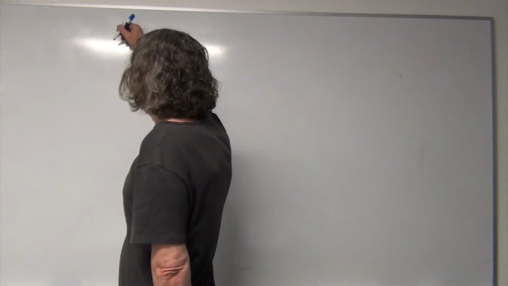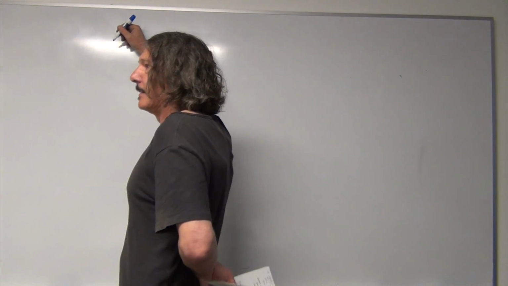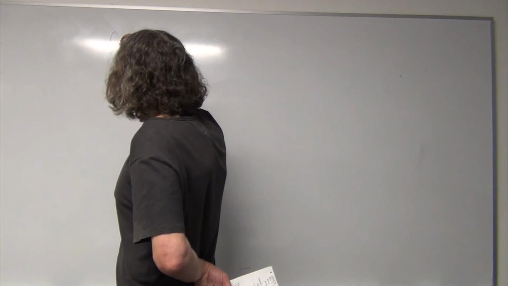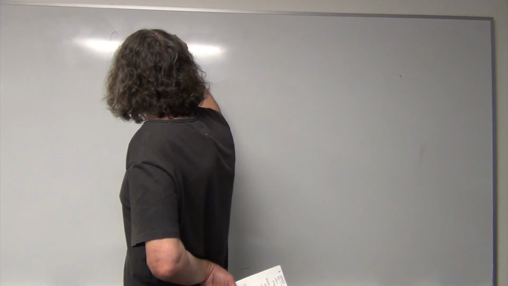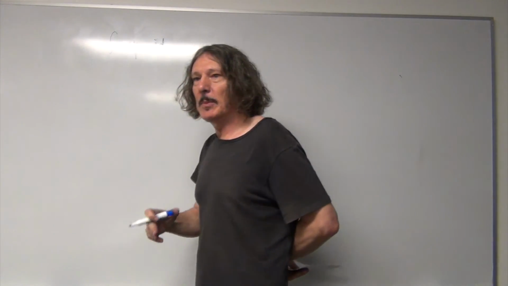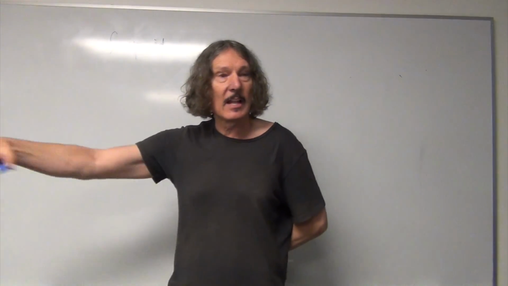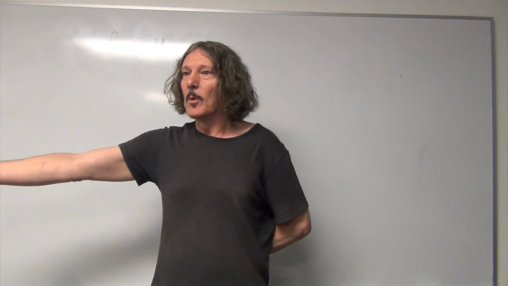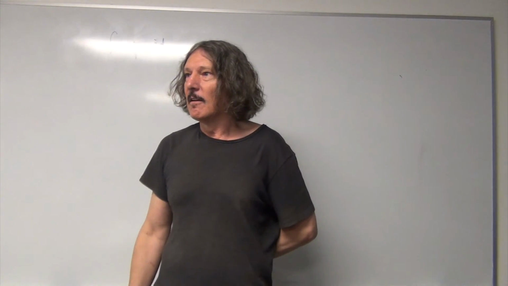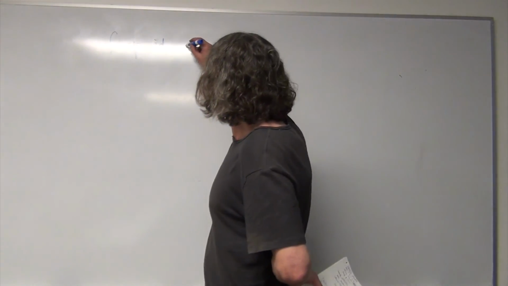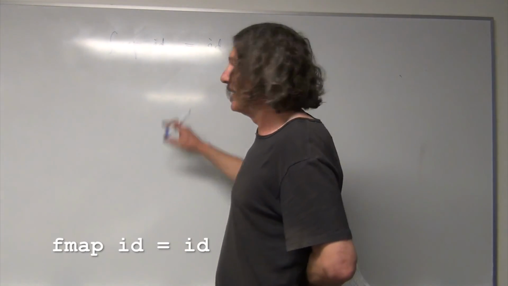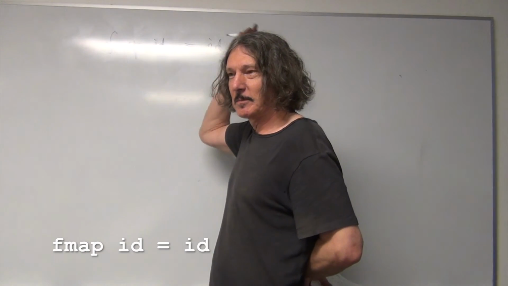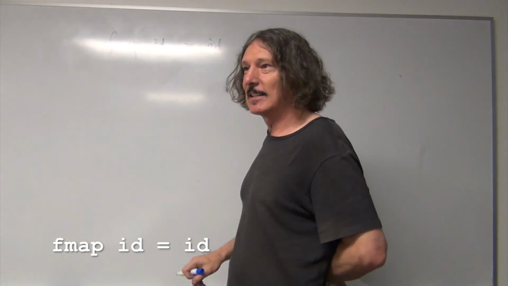One axiom of a functor is identity. Fmap, if you put an identity function here, you apply the identity function to all elements of a container, what should you get? You should get the same container, right?